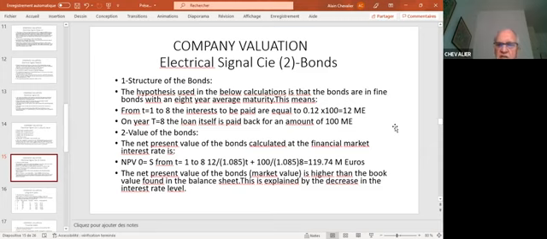So in that case, it is easy because during the years before the last one, the company pays only the interest. The interests are fixed, and because the book value and the interest rates are fixed for the 8-year period, from t equal 1 to t equal 8, the interest to be paid is equal to 0.12 multiplied by 100, which is 12 million euros.